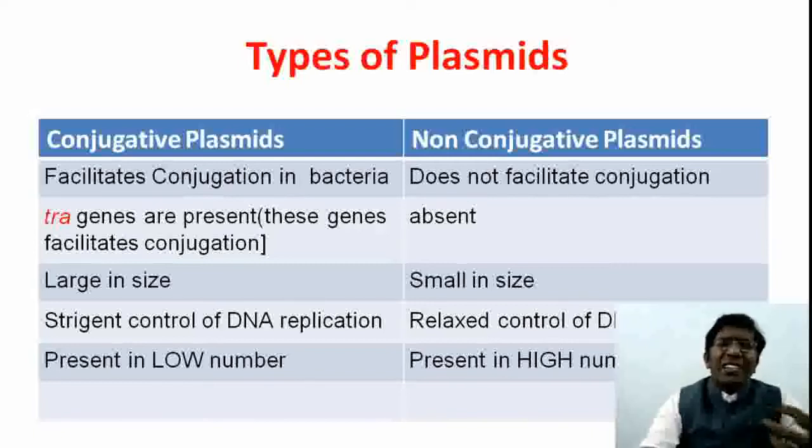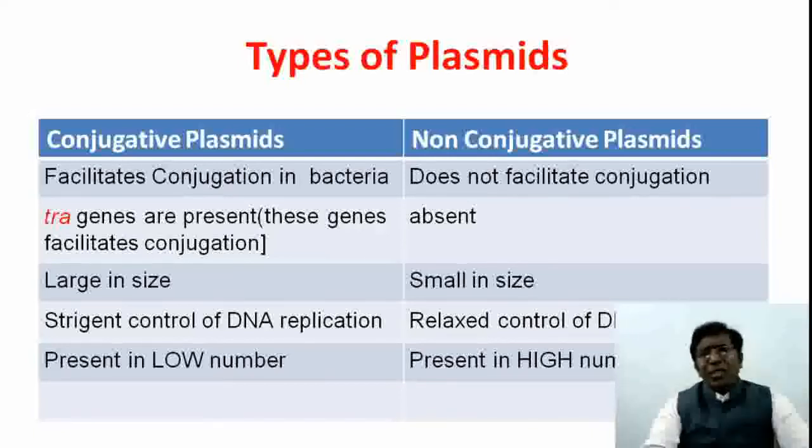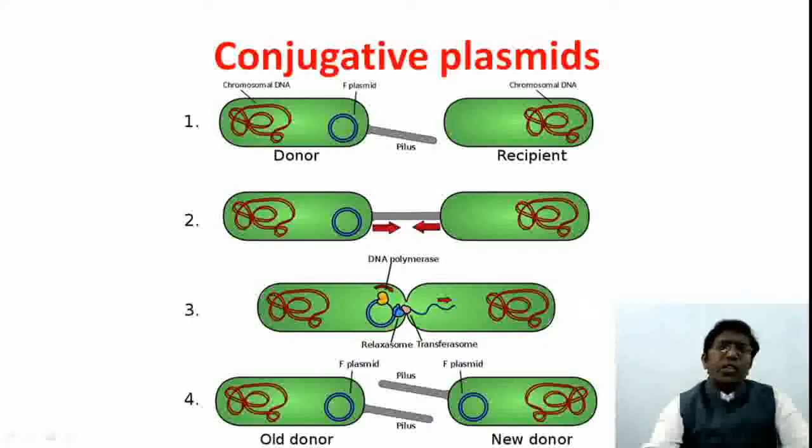And we have another type of classification of plasmids called conjugative plasmids and non-conjugative plasmids. Well, conjugation is a reproductive process in bacteria. Here you see two bacteria and a conjugation takes place, fusion of DNA. Here you will see a separate structure called pilus, where the two bacteria meet through this pilus, where the plasmids are exchanged.